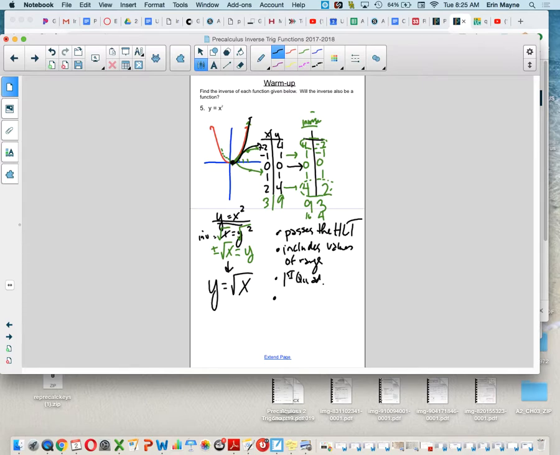The new graph will reflect about what? Yeah, it will reflect about y equals x. So what's there in black is the original restricted domain that then reflects about the line y equals x.